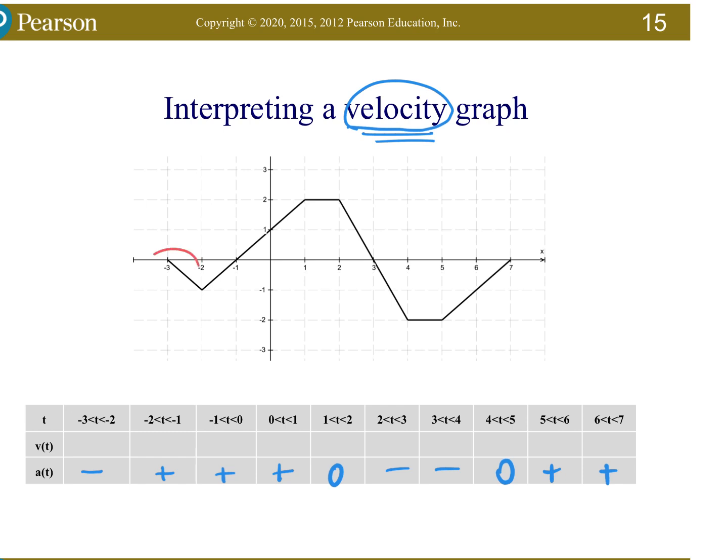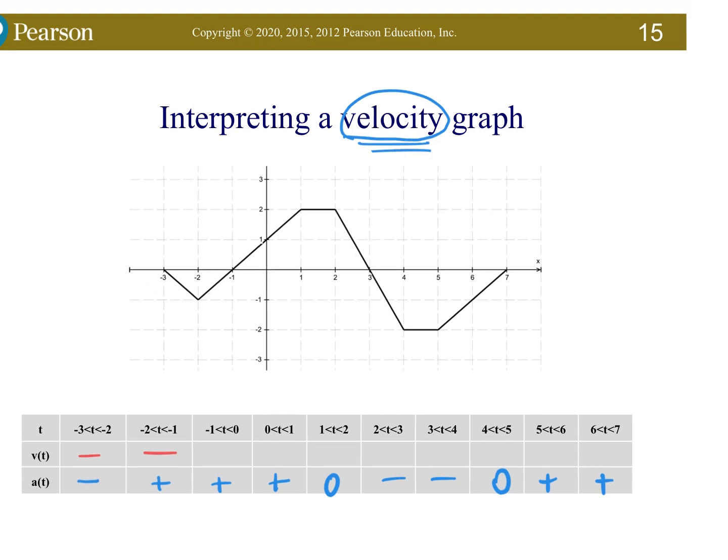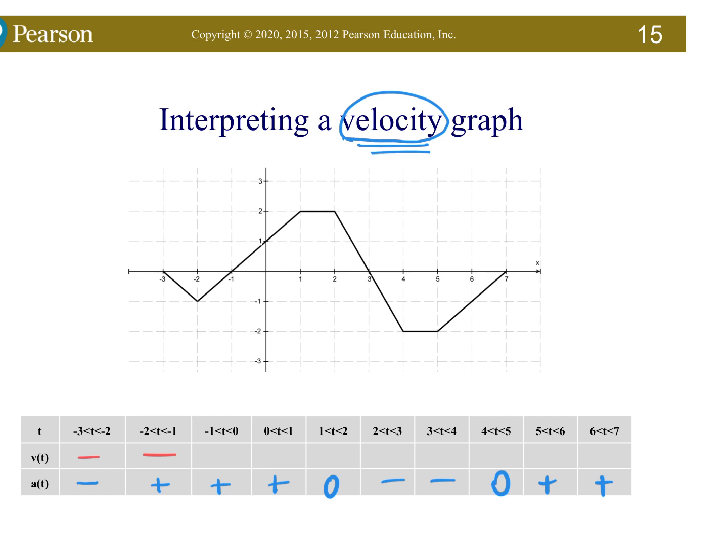So in this segment here, I am below the x-axis, so that counts as a minus. In the next segment, I'm still below the x-axis, so that counts as a minus. I don't change. In fact, if you've taken physics, you might even know about calculating area and stuff like that. This whole section is below the x-axis. I should have colored that red to match.